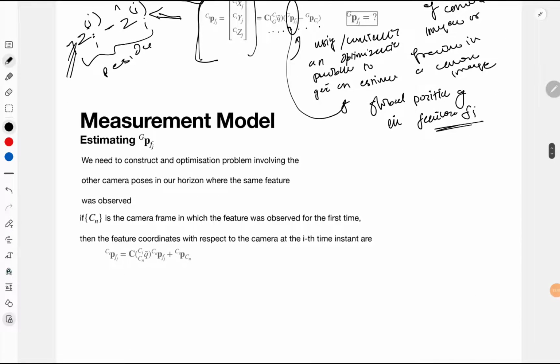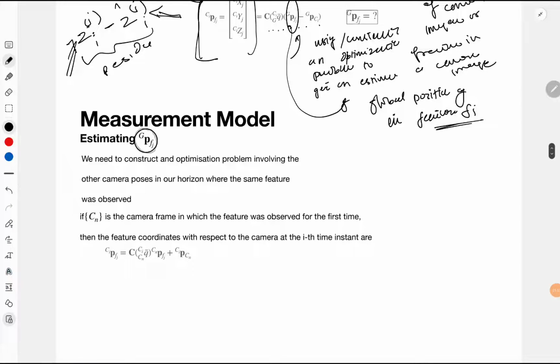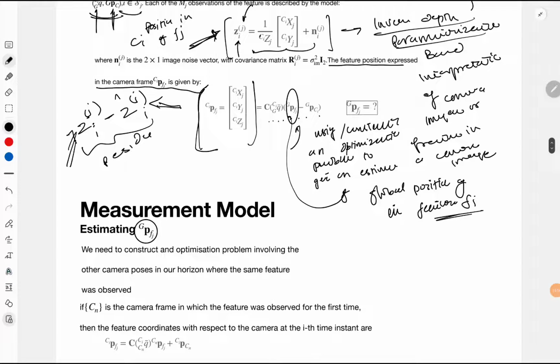So this begins by trying to estimate the global position of the feature. Once you have the global position of the feature, you can figure out the predicted position of the feature, like here.